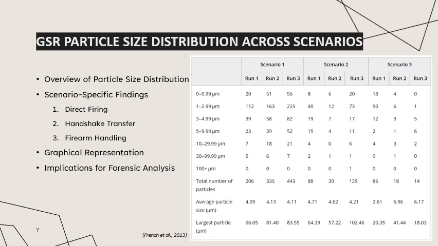So that challenges assumptions about proximity to a discharged firearm. It's important to understand the distribution of particle sizes, as it helps reconstruct a sequence of events and potentially identify or exclude suspects based on the gunshot residue.